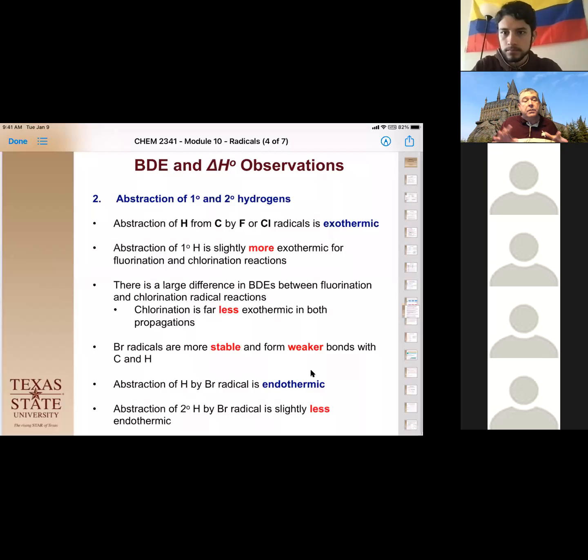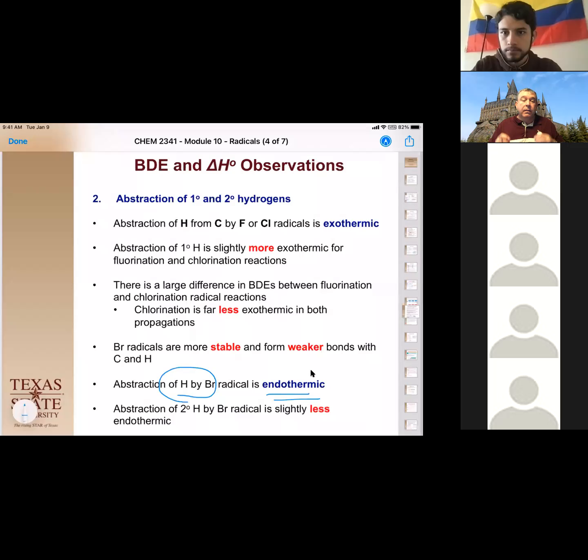So if they're more stable and form weaker bonds, then it's going to wait around a little while and be picky about where it goes. It's going to be selective about where it goes. What we also learned in that table is that the abstraction of hydrogen by a bromine radical is endothermic. So that endothermic part of the reaction is slowing the reaction down.